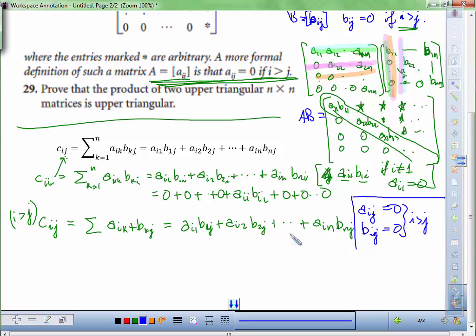So for i bigger than k, a_ik would be equal to 0.